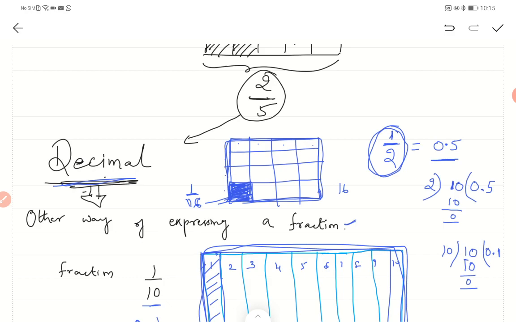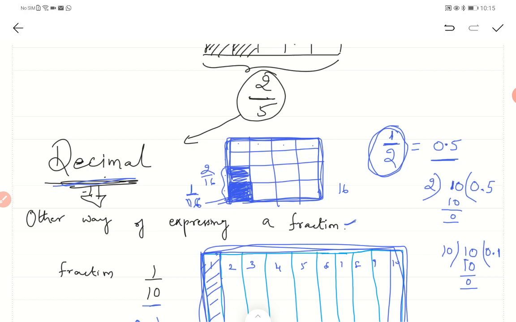If I take two blocks, they represent 2 by 16th part. So from a whole, if you are looking at the smallest part of it, you call it 1 by 16th or 2 by 16th part. Two together give 2 by 16th part, which is nothing but 1 by 8th part.